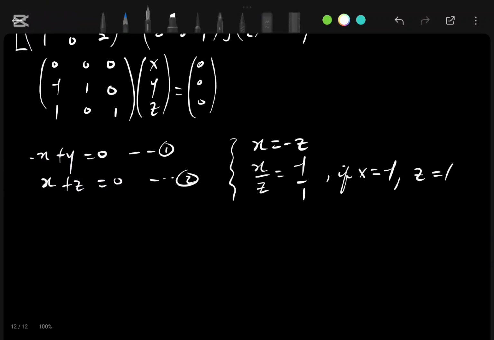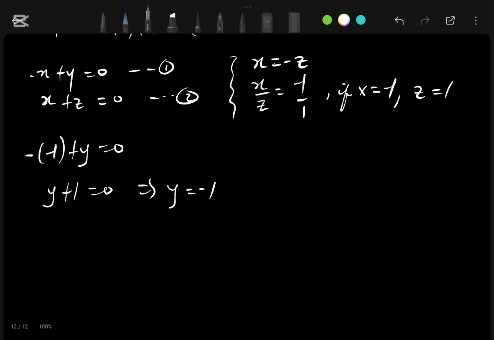We substitute x = -1 into equation 1. We have the negative of -1 plus y equal to 0. So y + 1 = 0, which implies that y is equal to -1. So now our V1 is given by x component -1, y component -1, and z component 1.